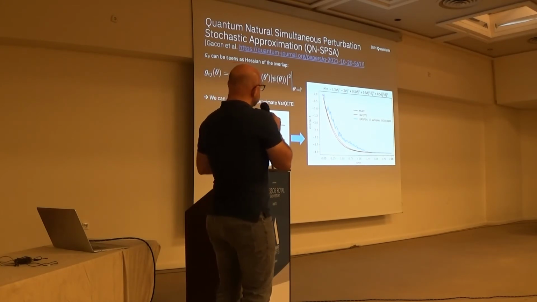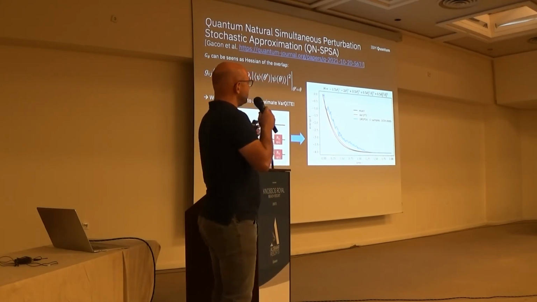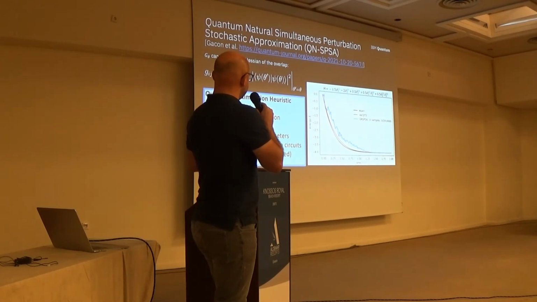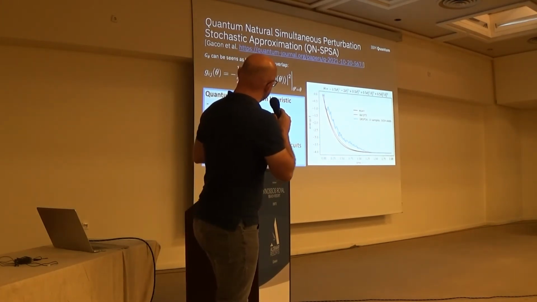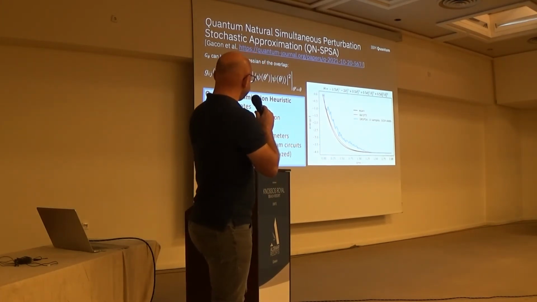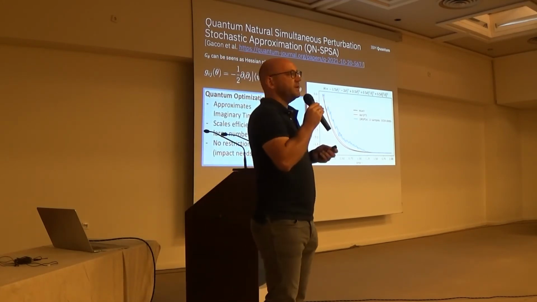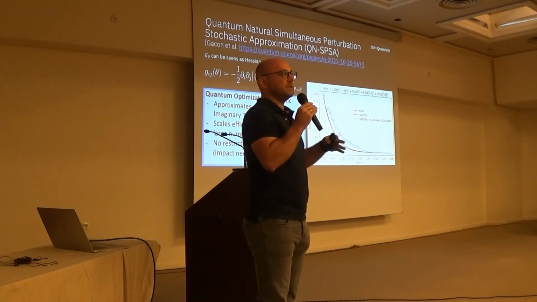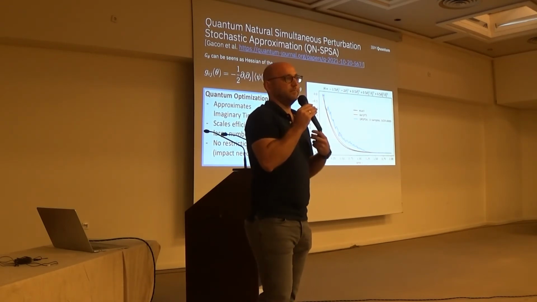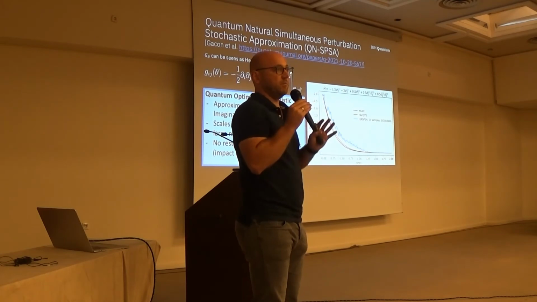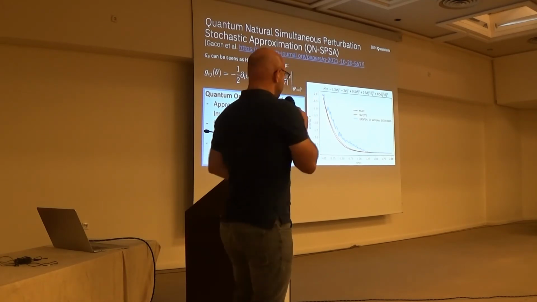So this is the algorithm, but it has also another nice property. Okay, I think I summarized that. So I mentioned all of this except the last point. What is very, very interesting is that the algorithm itself does not impose any restrictions on the circuit. So we are completely free to choose the circuit.